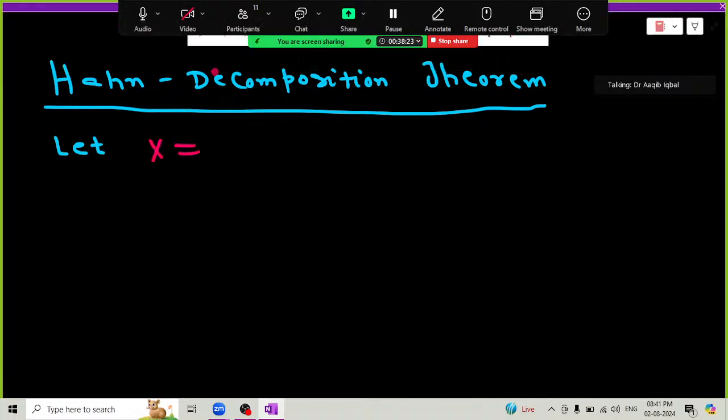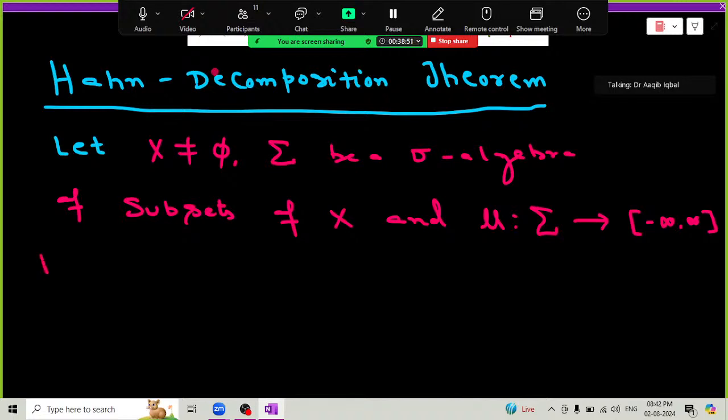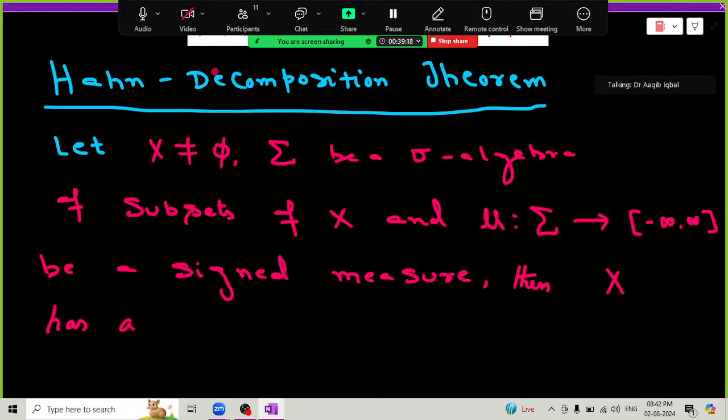लेट X बी अ नॉन एम्प्टी सेट, capital sigma be a sigma algebra of subsets of X and mu from capital sigma into minus infinity plus infinity be a signed measure, then this X has a Hahn decomposition.